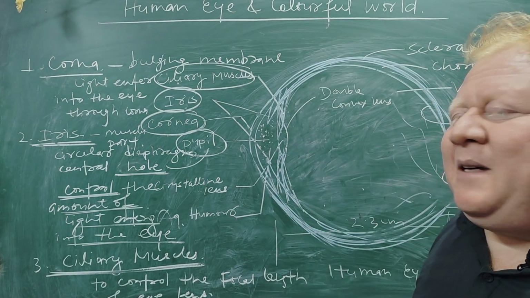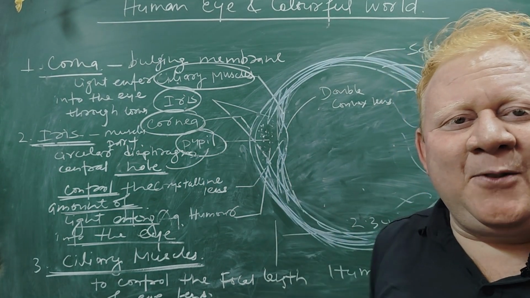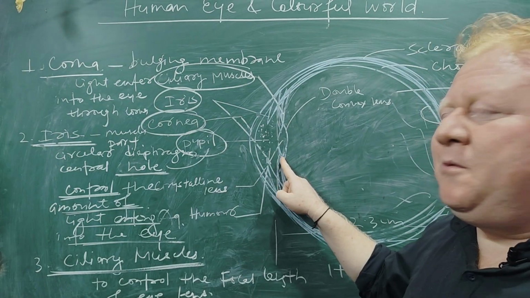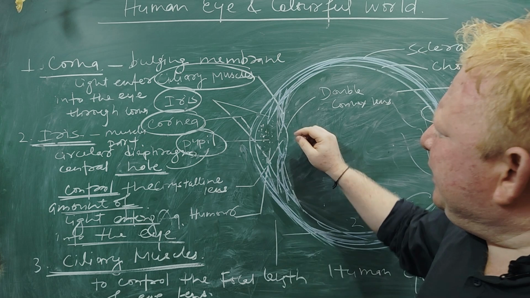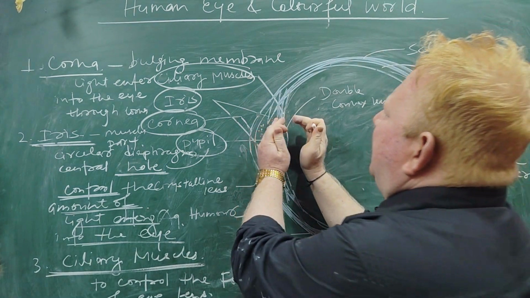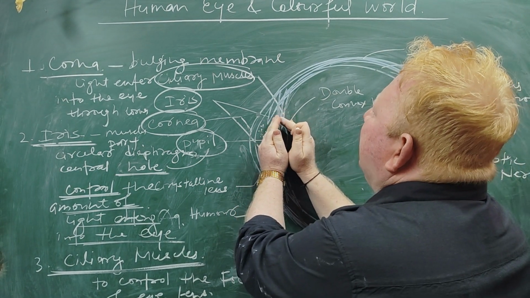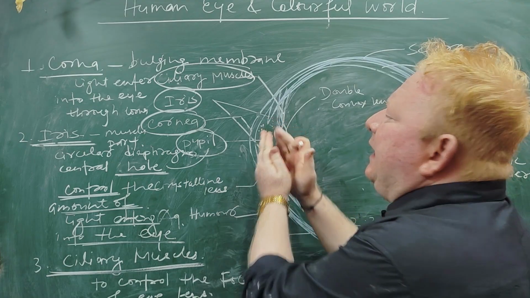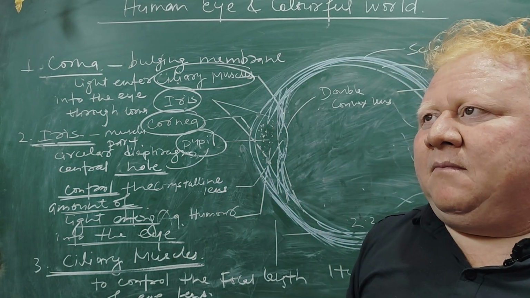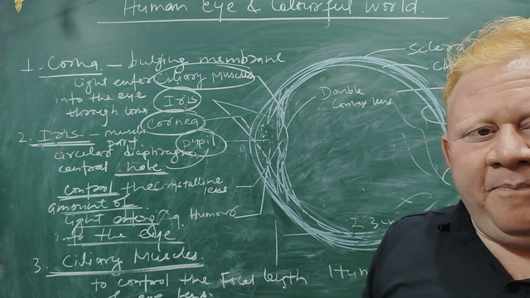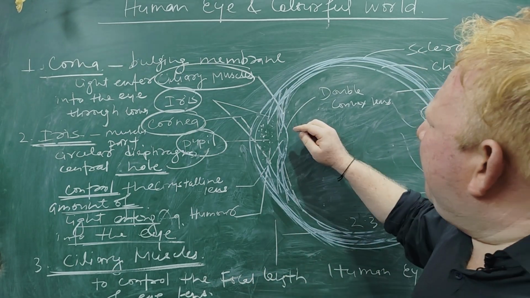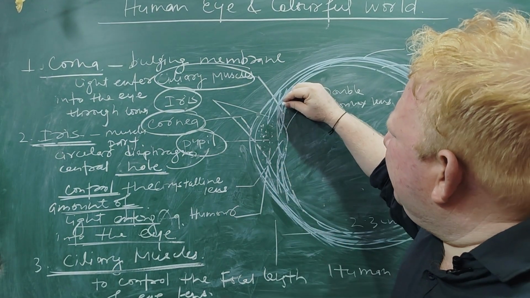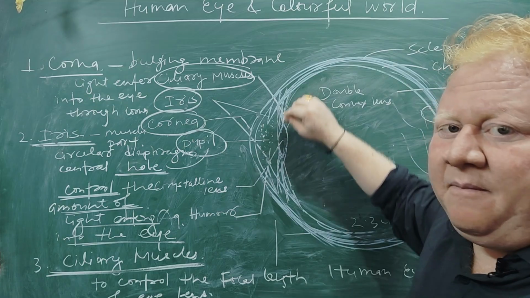So this lens is made of transparent and flexible tissue, friends, and because it is made of flexible tissue, its shape sometimes becomes thicker, sometimes thinner, as per our need. And it happens automatically, of course, but with the help of the ciliary muscle.